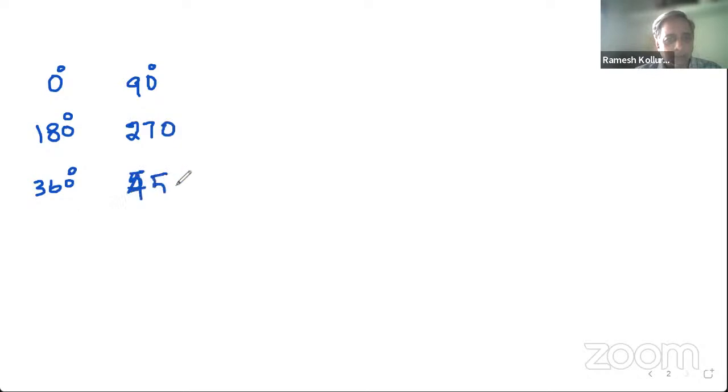Whenever 0, 90 and all are there, it becomes easy for us, right? So whenever 0, 90 are there: 0, 180, 360 and 90, 270, 450, correct? And 540 and so on and so forth, right? These are all 0 degrees, these are all 90 degrees.